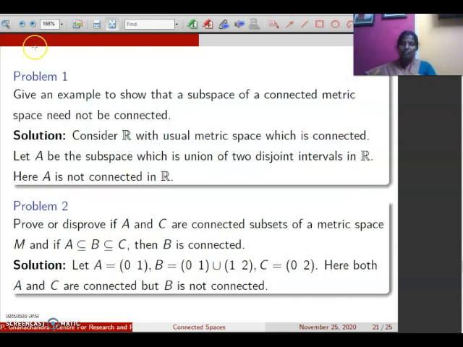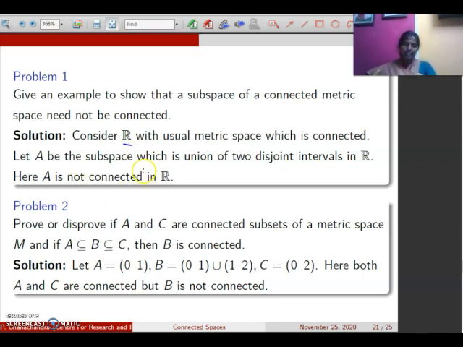Next, one problem: give an example to show that a subspace of a connected metric space need not be connected. So, a whole space may be connected, but a subspace may not be connected. For this, let us consider R with the usual metric, which is connected. We just saw that R is connected.